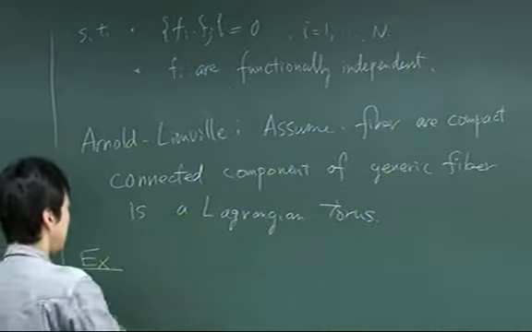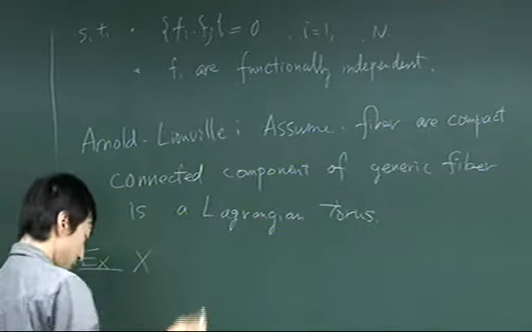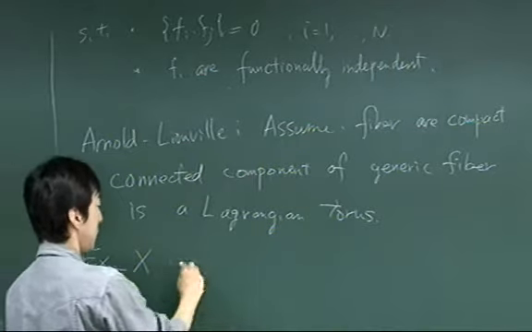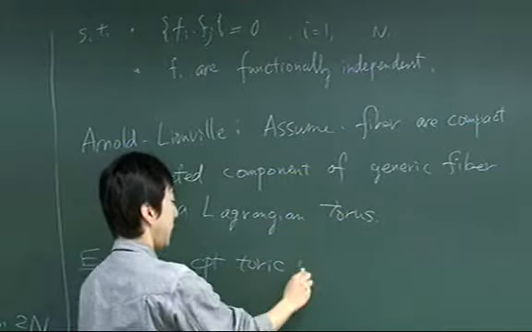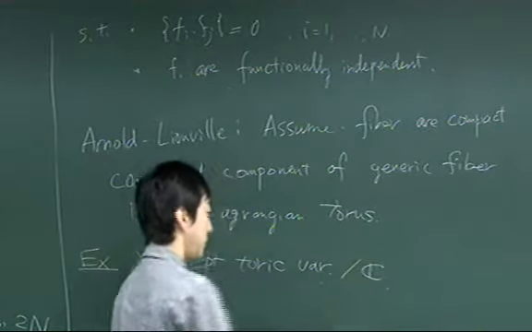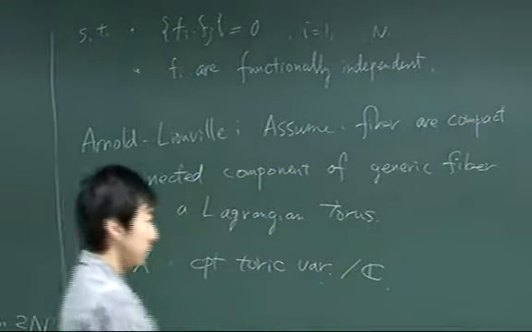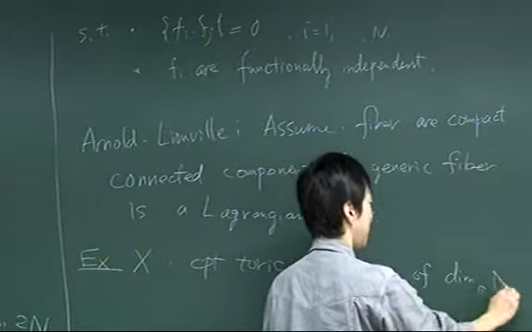The typical example is the moment map on a toric variety. So we assume that X is a compact toric variety defined over the complex numbers, of complex dimension n.